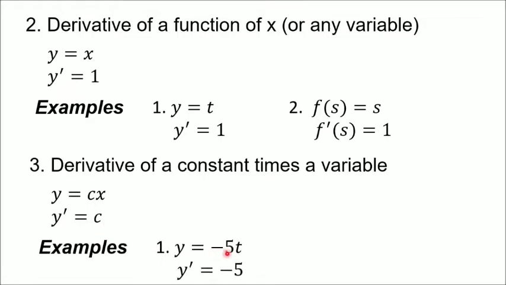Example, y equals negative 5t. Variable natin dito ay t. So, the constant is, or the coefficient is negative 5. And the derivative is just equal to negative 5. Other example, f of x equals 6s. The f prime of s equals 6.